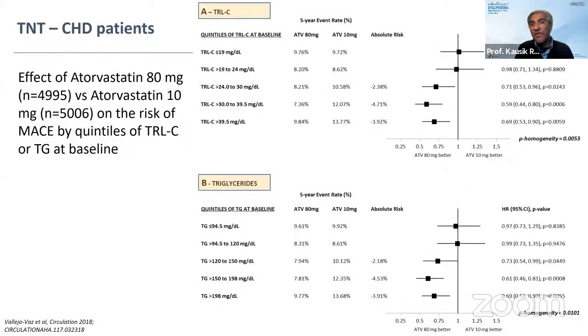So the first bit of evidence is that if you take people with high triglycerides, optimize the dose of your statin first, because we're interested in risk. And people with a high triglyceride will derive bigger absolute benefits when you optimize the dose of a statin. So that's the first thing you need to do.